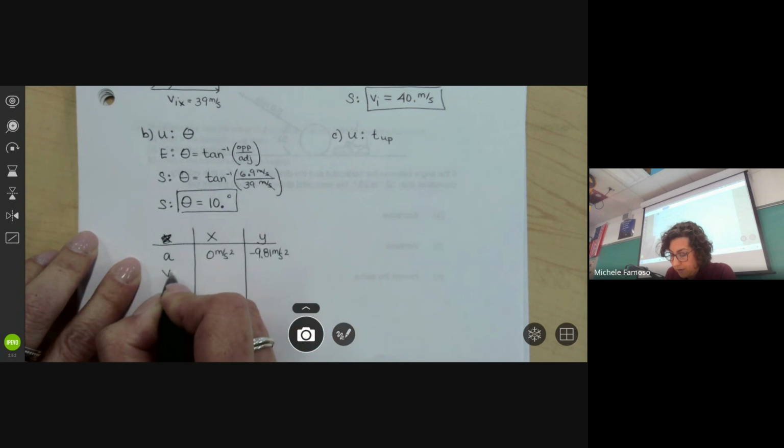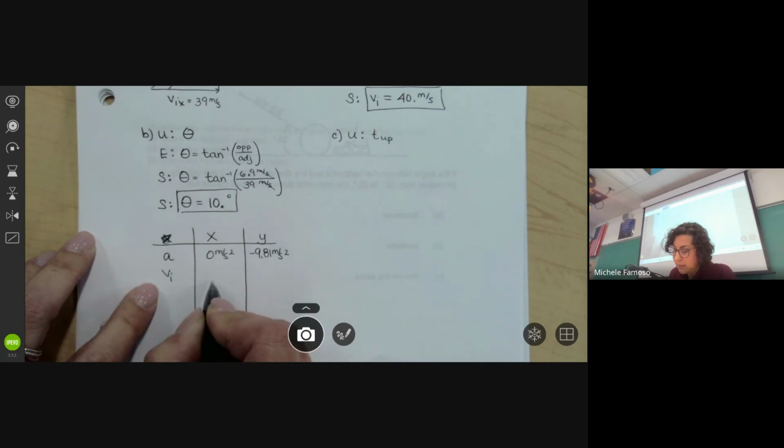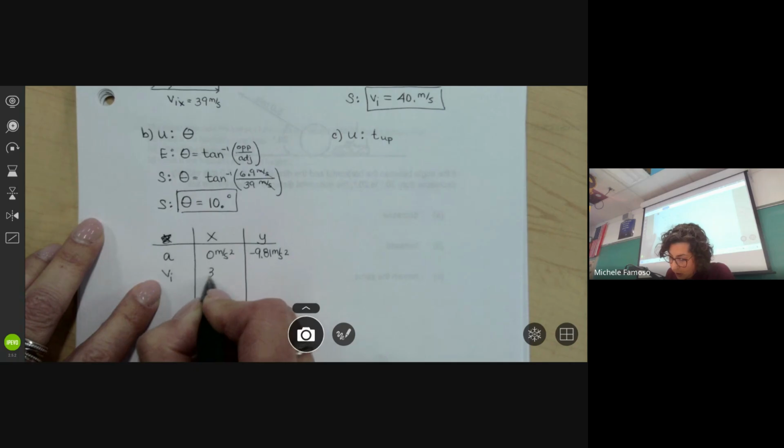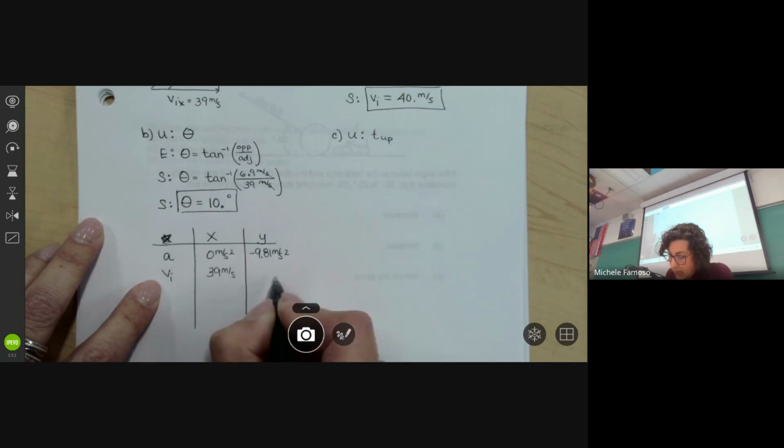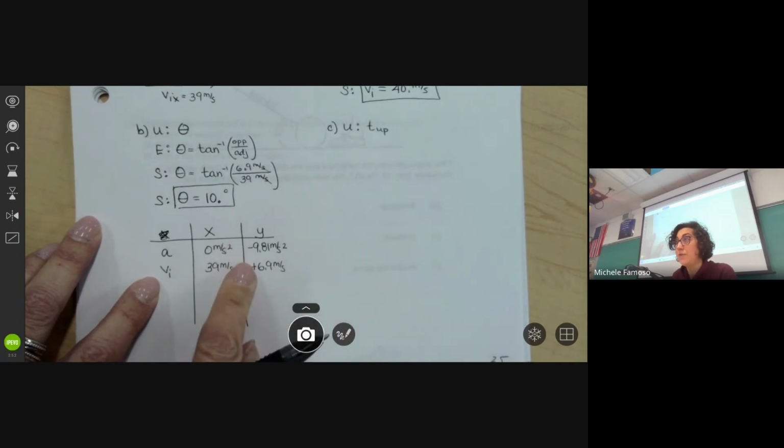Let's now do our VIs. In the x direction, Hudson, what is our VI? Good. And in the y direction, Dan, the VI is? And what is its direction? Because it has to be a velocity here. Positive. We have to put the positive on this because we have a change in the direction of things.